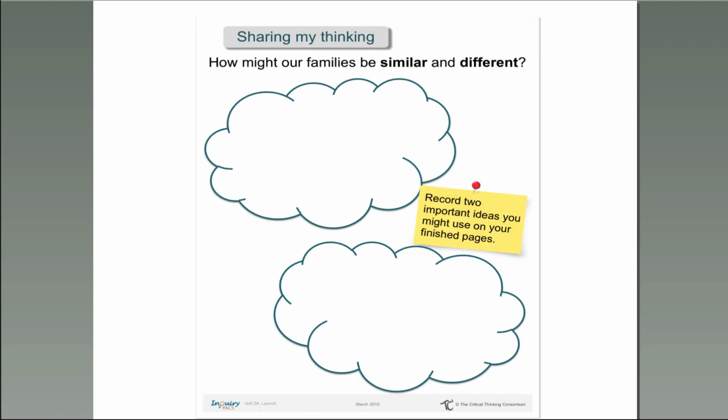What does this look like at the grade 2 level? What does a thinking strategy look like? Well, obviously more simple. How might our families be similar and different? Here, it's about recording two important ideas you might use on your finished pages.